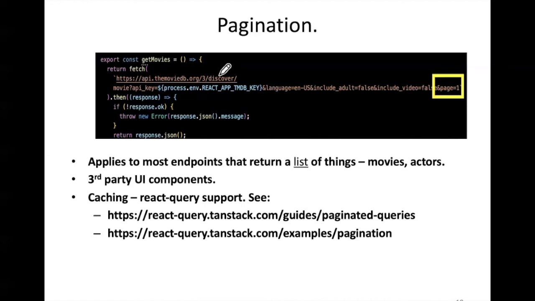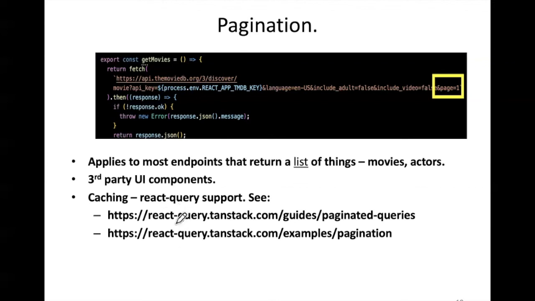So we get page number 2 requested from TMDB, and they may request other pages from the discovery endpoint. We'd like each of those requests that went to TMDB to be cached, just in case the user goes back to a page that they've already visited. And it turns out that React Query has built-in support for pagination as well.